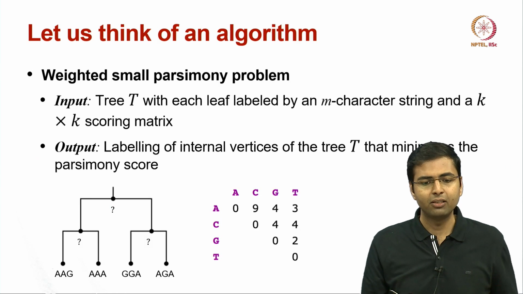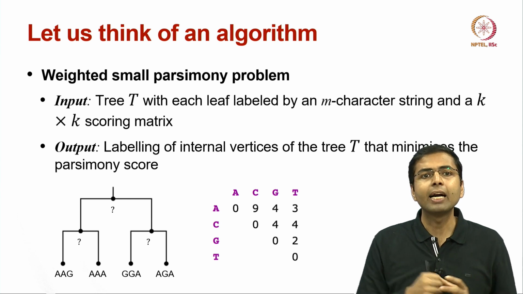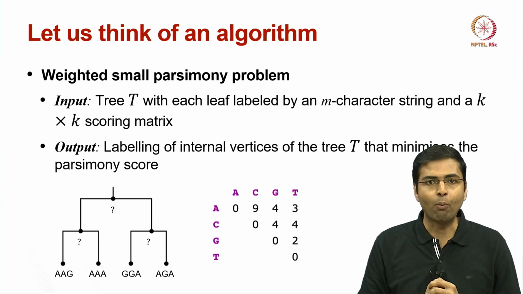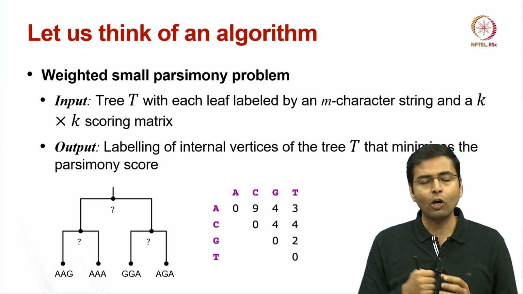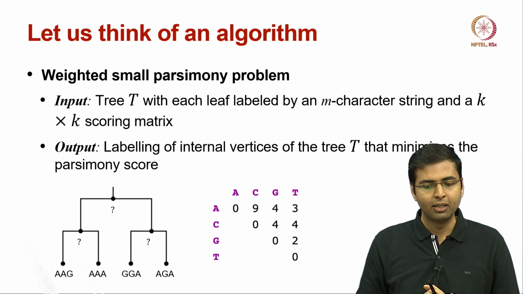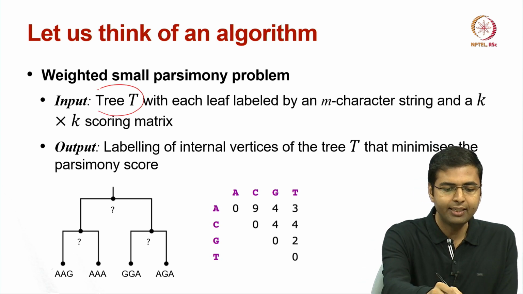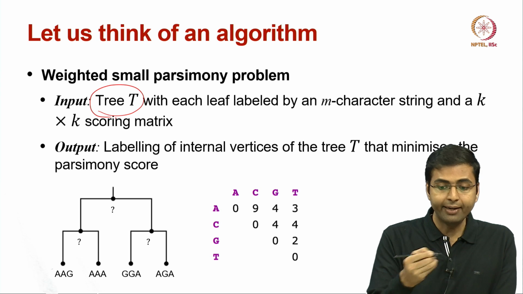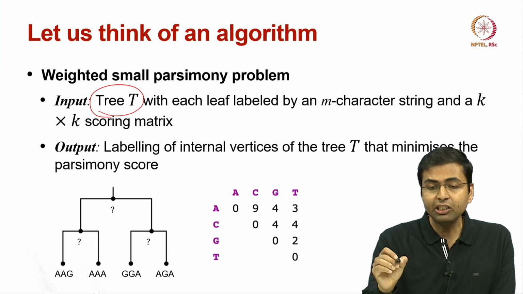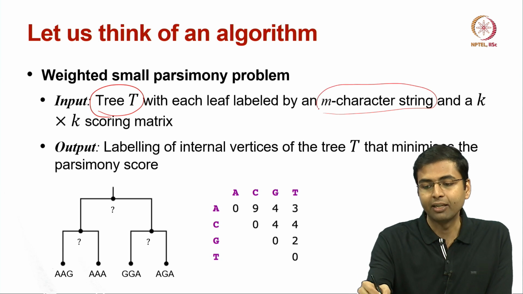Now, let us start thinking of algorithms for how to solve these problems, and I want to start by looking at the weighted small parsimony problem because the algorithm for solving this is most intuitive. So, let me remind you that again you are given as input a tree T, a binary tree in which each leaf is labeled by an m character string.